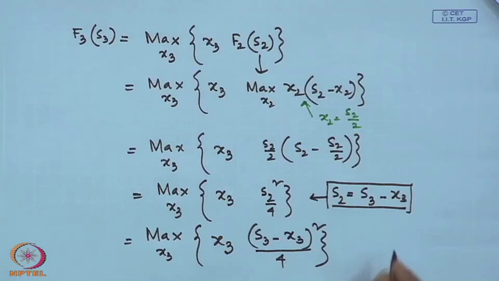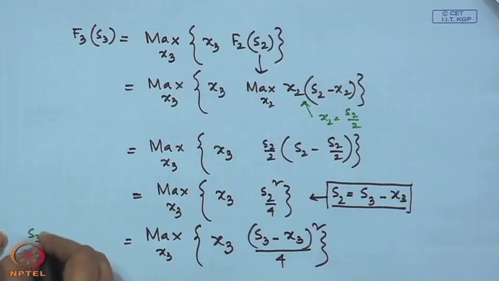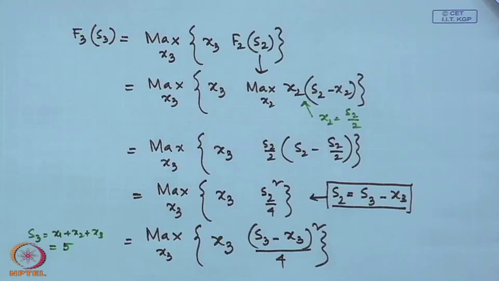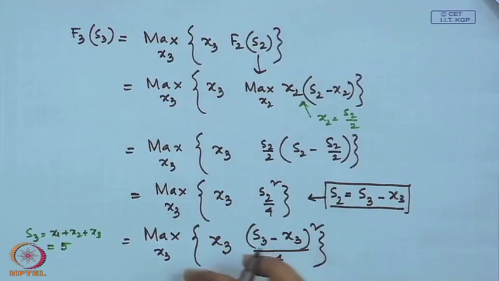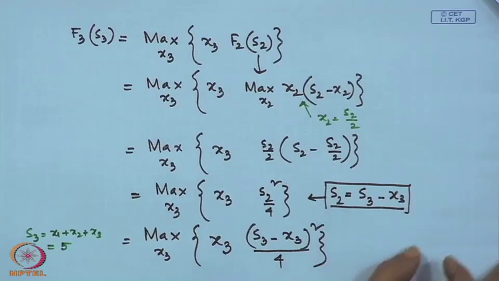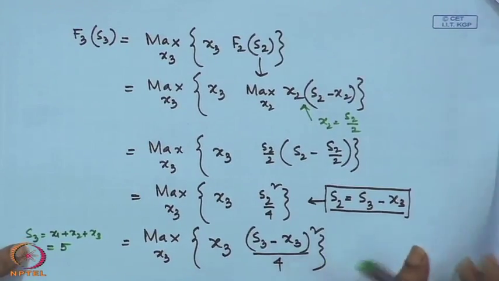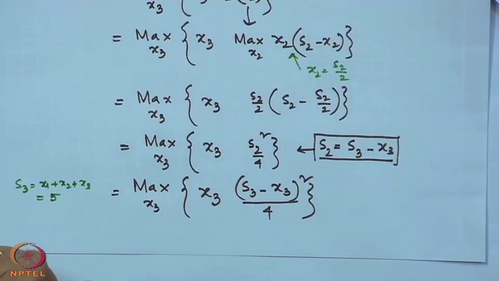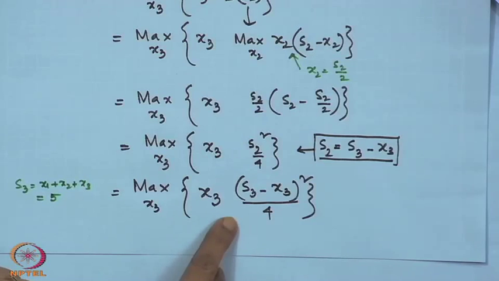And what is your s3? s3 is equal to x1 plus x2 plus x3. This must be equal to 5 because that is a constraint we are having. That is why we have reached the final stage, and here this is the problem of a single variable. Again the same technique, the differential calculus method, we will apply here and we will get the relation.